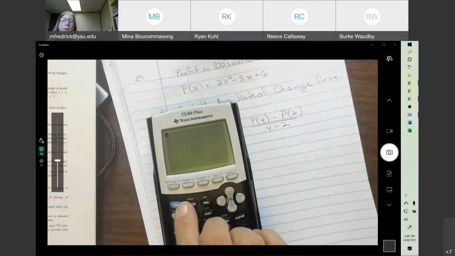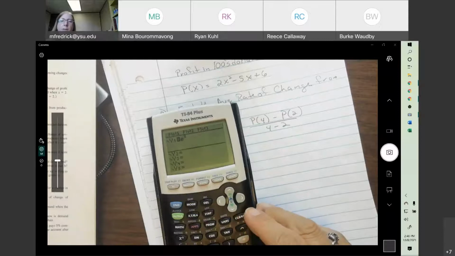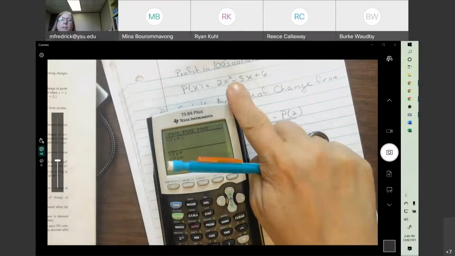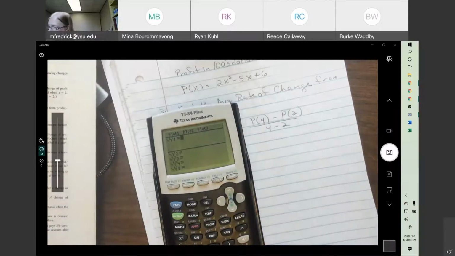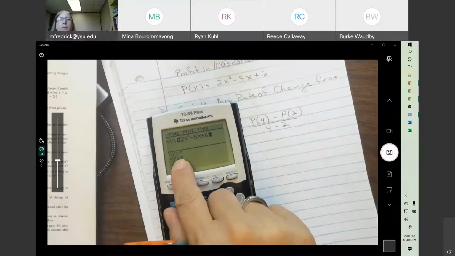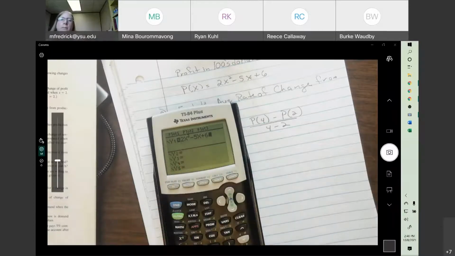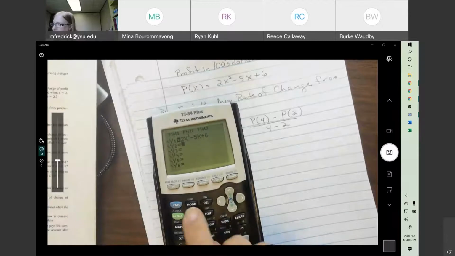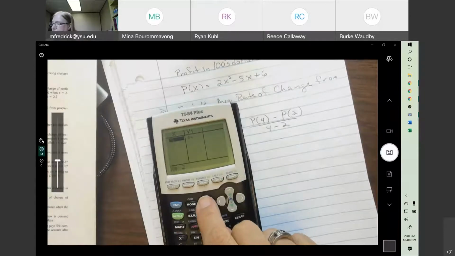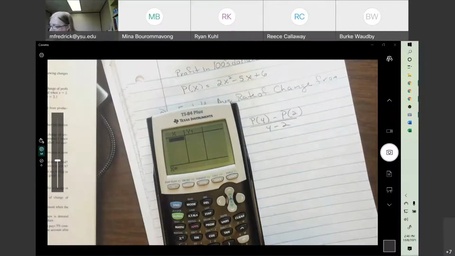You would go under y equals, clear what's there, 2x squared minus 5x plus 6. Then we can go to our table, delete what's there, and put a 4 and a 2, because that's what we want.